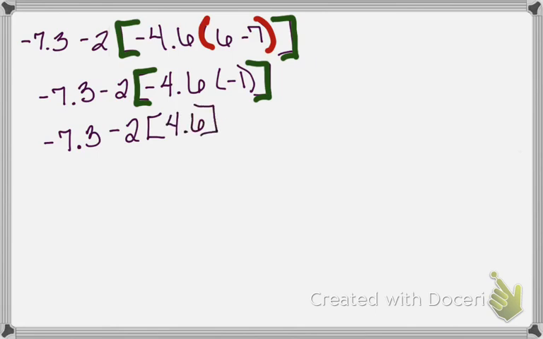Okay. Now I've got negative 7.3 minus, but remember that's plus negative 2. So I'm actually taking this negative 2 and I'm multiplying it times 4.6. So again, we're going to have to go over here and review our decimal skills. So I have 4.6 times negative 2.